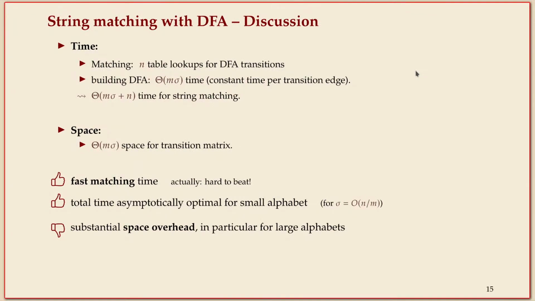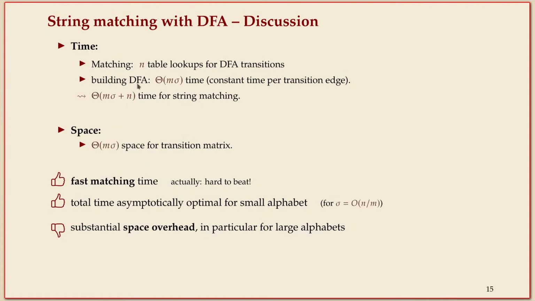Let's briefly discuss how well this works, even without showing detailed code for the construction. I hope that the video makes it clear enough what that code could look like. The matching part for the running time is as good as it can possibly go. You're looking at each position in the text, and you do a lookup for the DFA transitions. That's one table lookup.